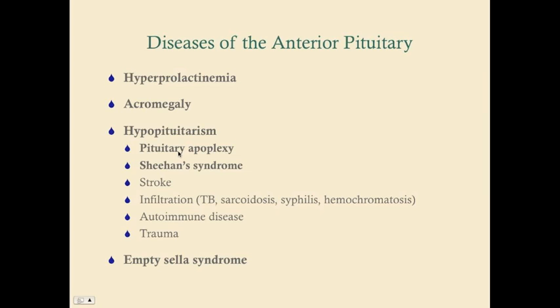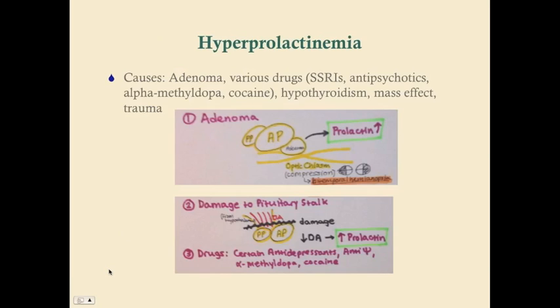The main causes of hypopituitarism that we're going to talk about are pituitary apoplexy and Sheehan syndrome. The other causes of hypopituitarism that aren't going to be discussed are stroke, infiltration, autoimmune disease, and trauma. And then we'll briefly talk about empty sella syndrome.